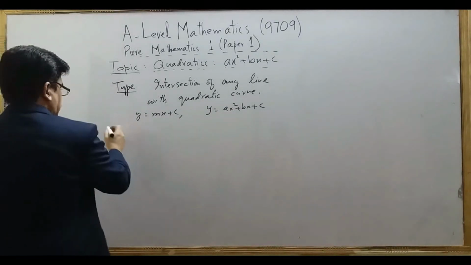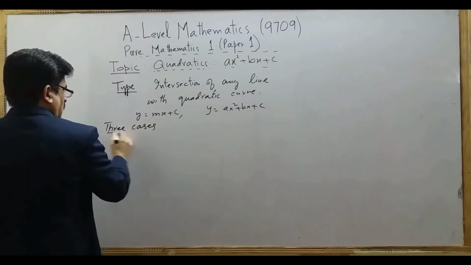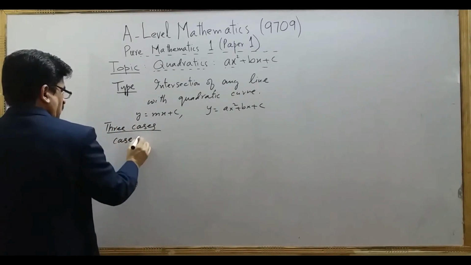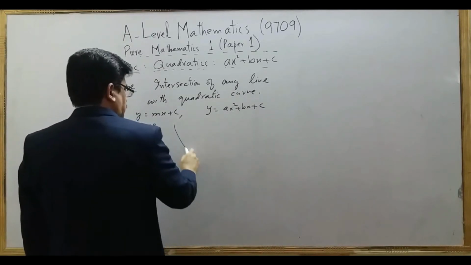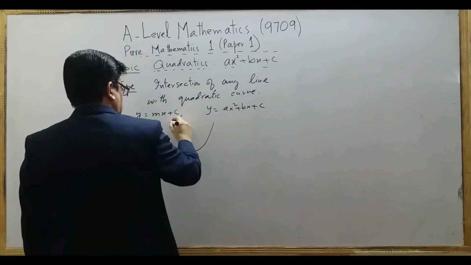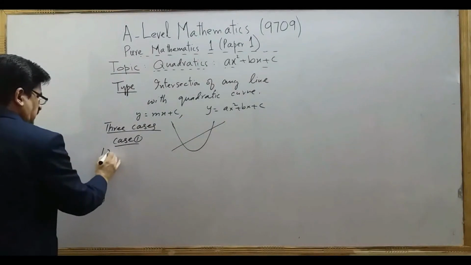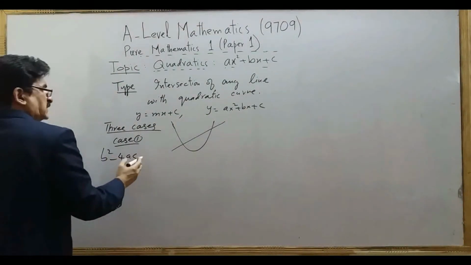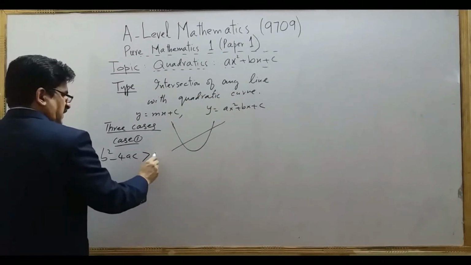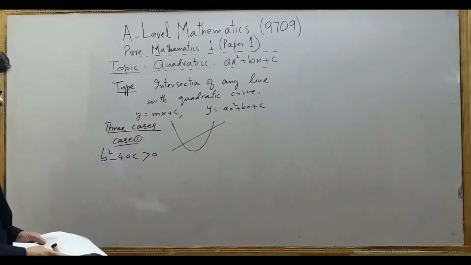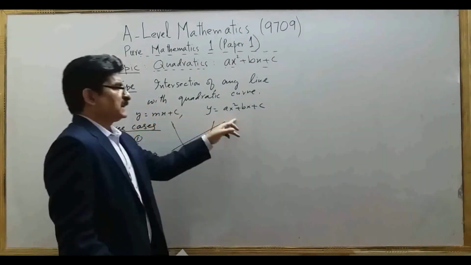Now again we have three cases. Case 1 is like this: if the curve is posed like this and your line is like this, then the discriminant b square minus 4ac will be greater than 0. You have learned how to solve a pair of linear and quadratic equations.